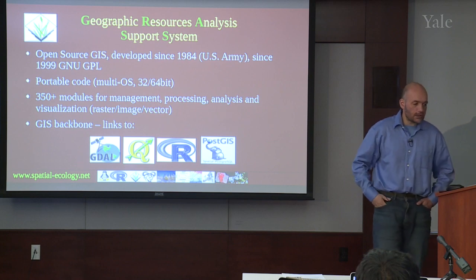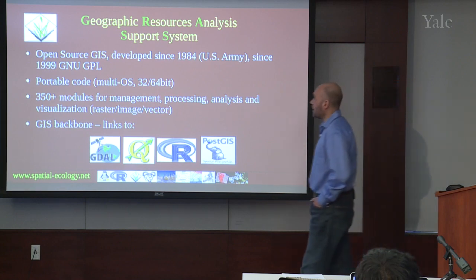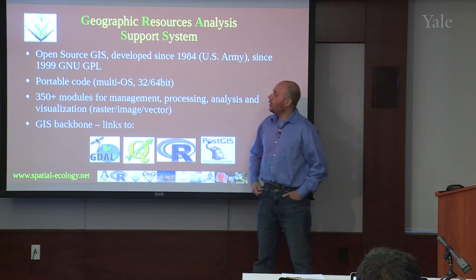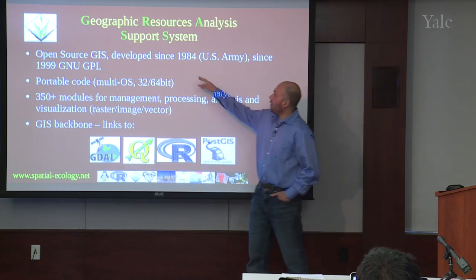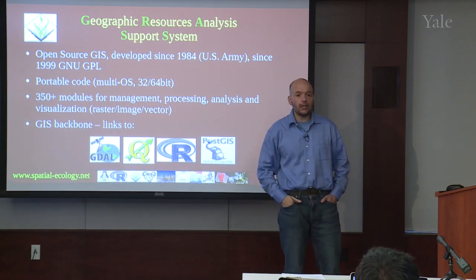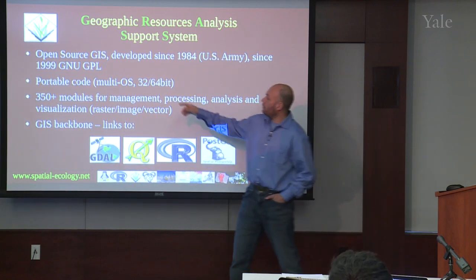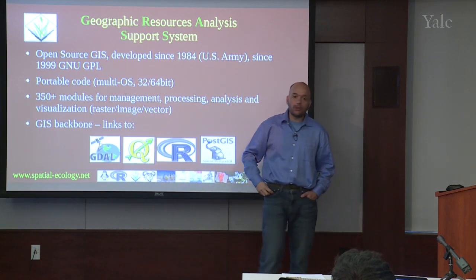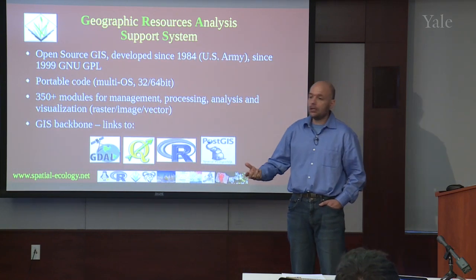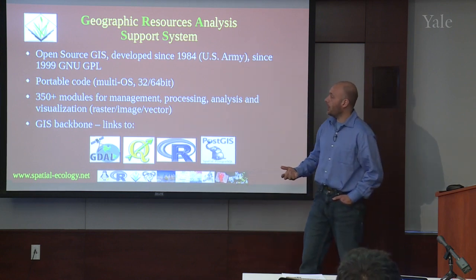GRASS was a United States software, developed since '84. Then it was completely abandoned for about 15 years, and at the beginning of 2000 a group of developers came back and has developed it in a very powerful way over the last 18 years.